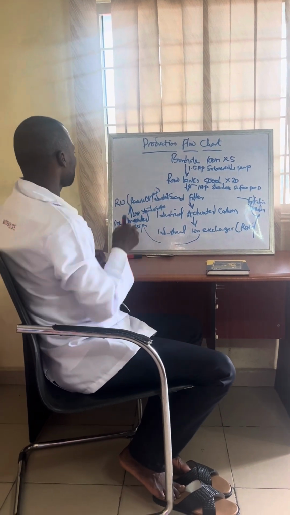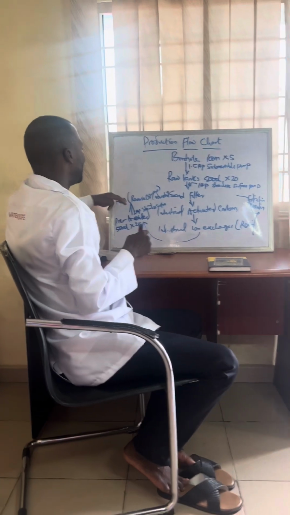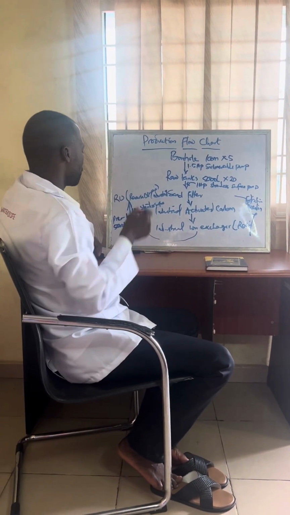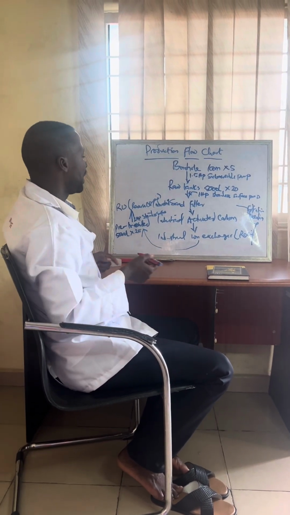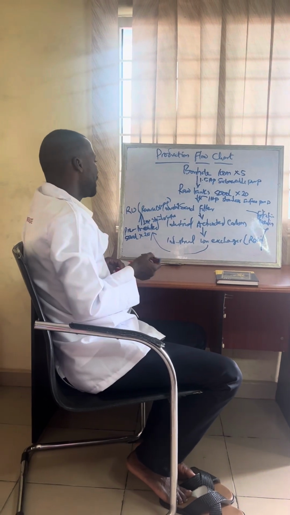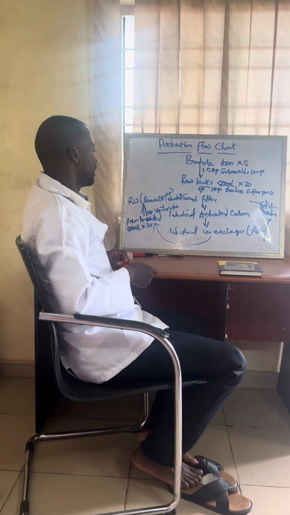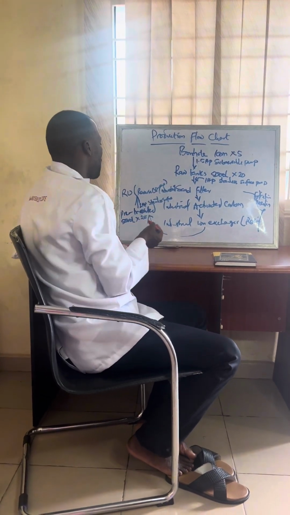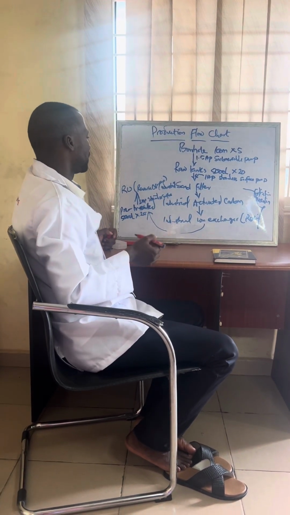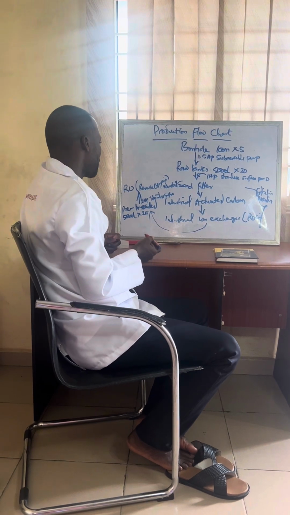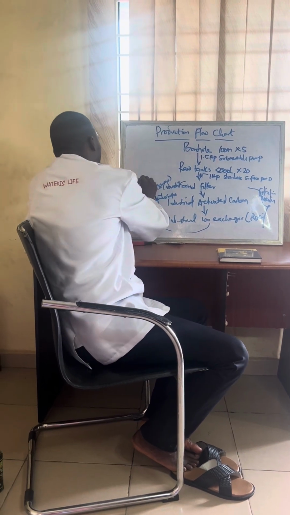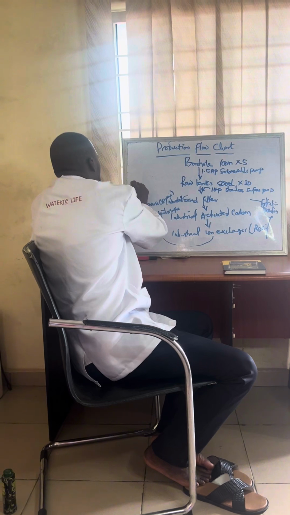Then inside this RO reverse osmosis, there's already a vertical pump. And the least you can have of this vertical pump is 2 horsepower, 3 horsepower. We have 5 and other horsepower, depending on the size of your RO membrane. Now from here, the water is being pumped into your treated tank.